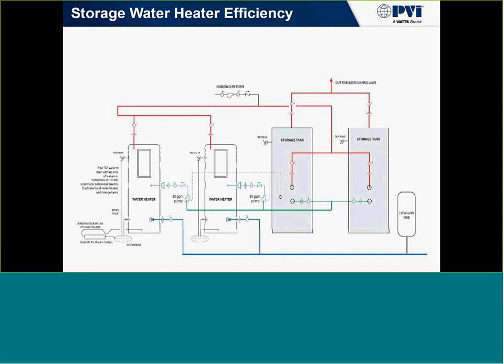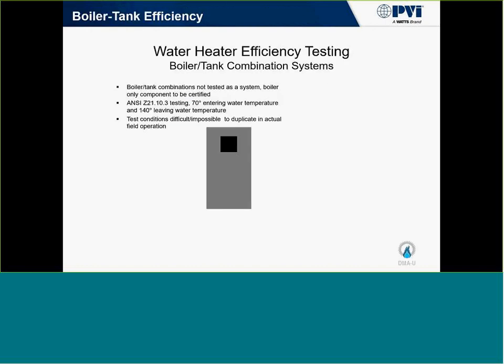We would just have interconnected piping with dedicated pumps to each water heater into the storage tank to turn those things over and keep the temperature uniform. With regards to boiler efficiencies, like Jim said before, that piece of equipment is what's certified to that ANSI Z21.10.3.